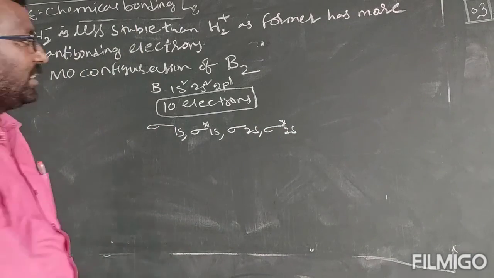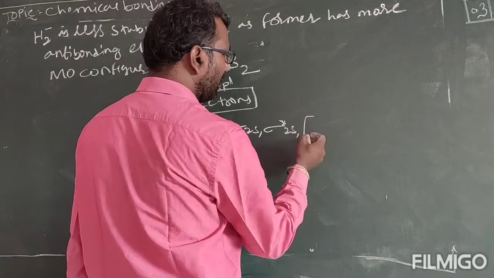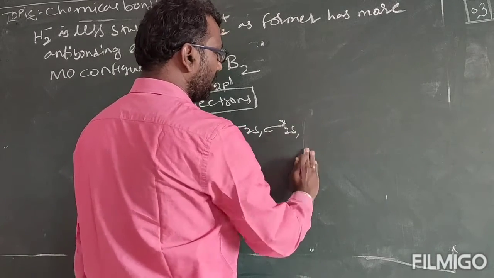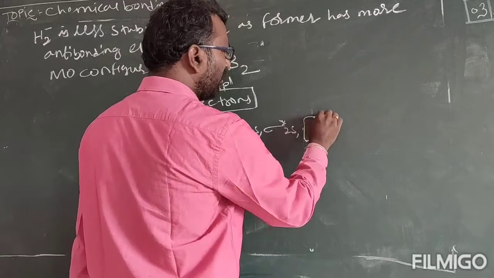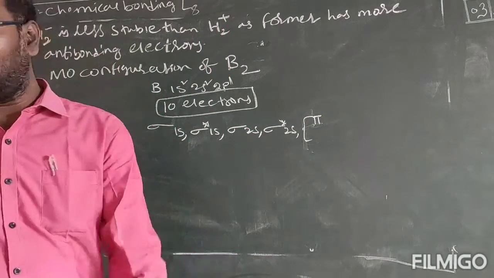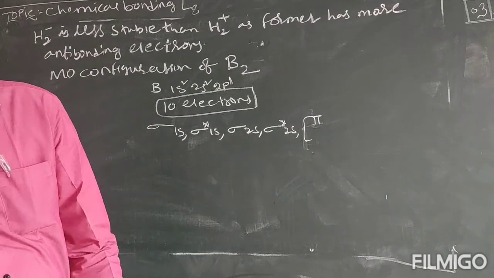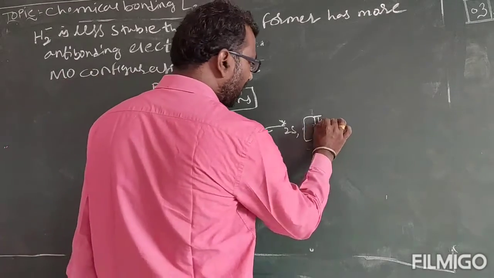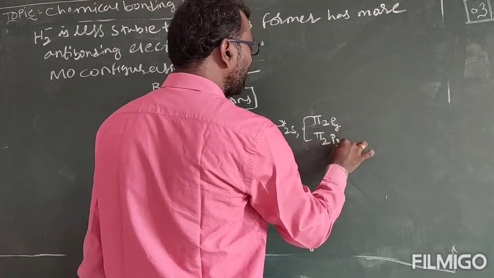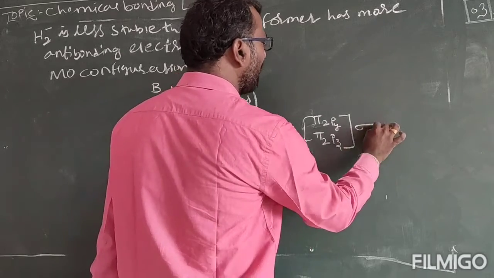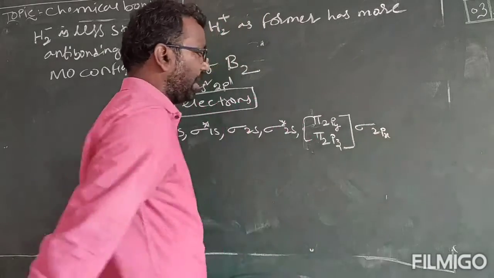Okay, next. Generally, according to our prescribed book, it is pi bond formation of 2py and pi bond formation of 2pz, and next sigma of 2px is taken.